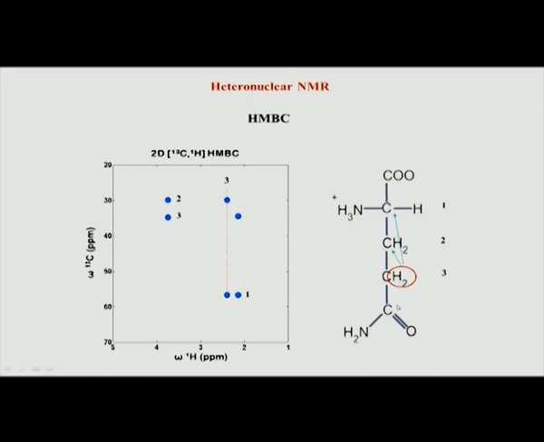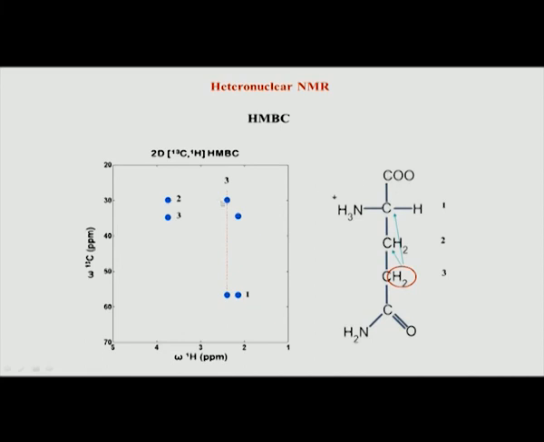We will also be able to see a correlation between proton number 3 and the carbonyl, but this is very far away. The other one is much closer, but as the spectrum is only plotted from 20 to 70, that peak, which comes at 170, is not shown.